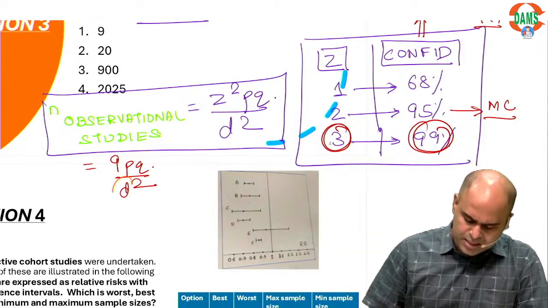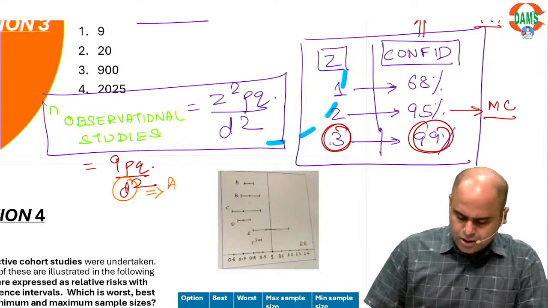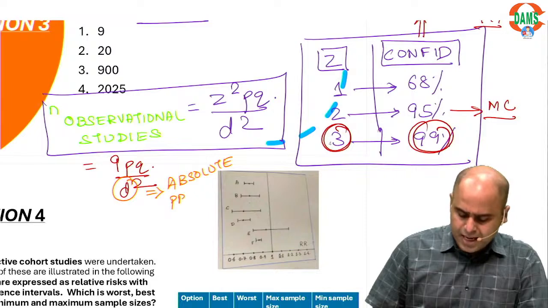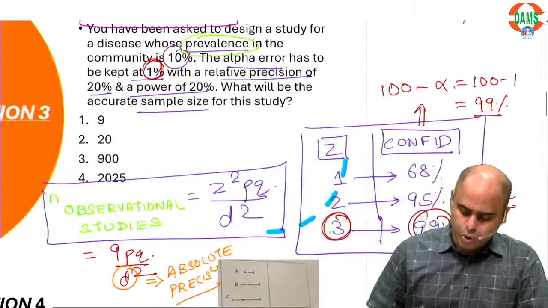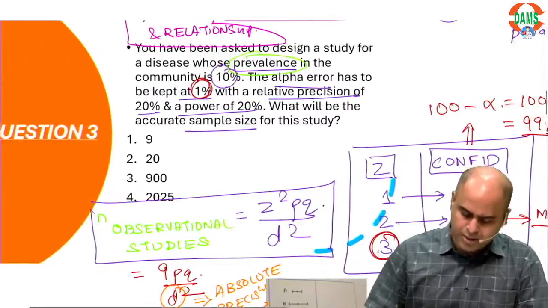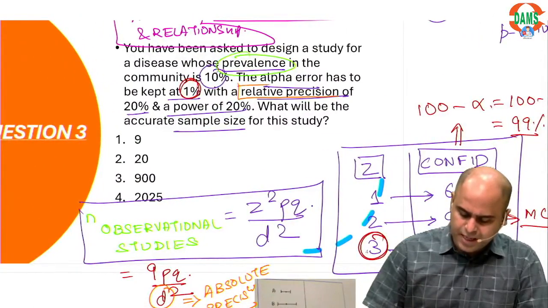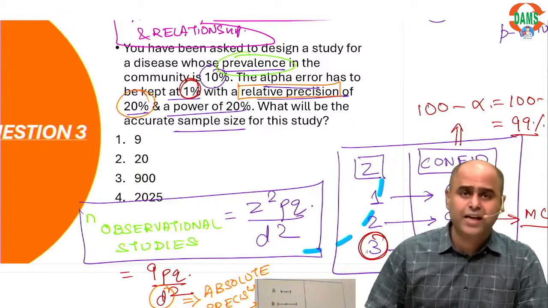Now what is this D? This D talks about absolute precision. There are different types of precision. D is absolute precision. In this question, they say the relative precision of 20%.